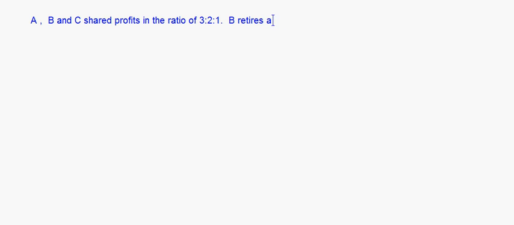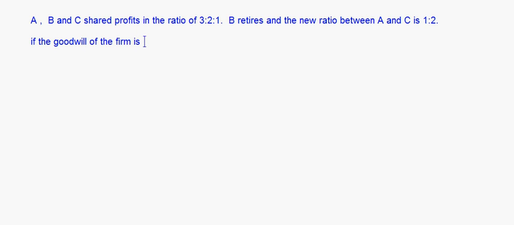B retires and the new ratio between A and C is 1:2. If the goodwill of the firm is assumed to be rupees 60,000, pass the necessary journal entries.